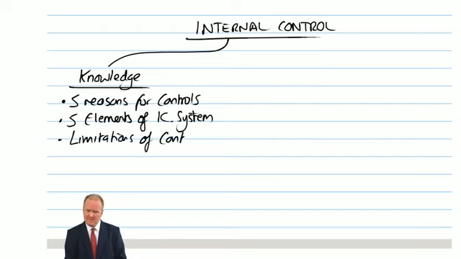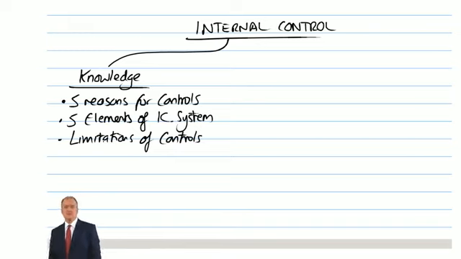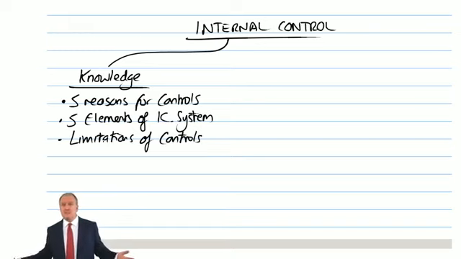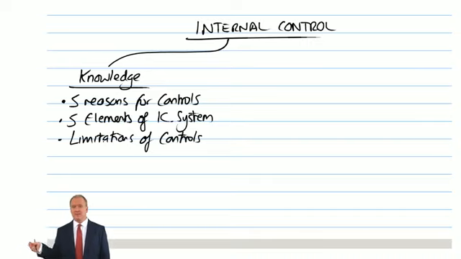You might be asked what the limitations of control systems are. Why aren't they perfect? Human error. Staff collude to get around the controls. Management override the controls. Staff won't do controls because they don't understand the purpose of them, can't see the benefit. And controls tend to get out of date very quickly, meaning they don't work because they should have been updated to better reflect how things work at the moment.